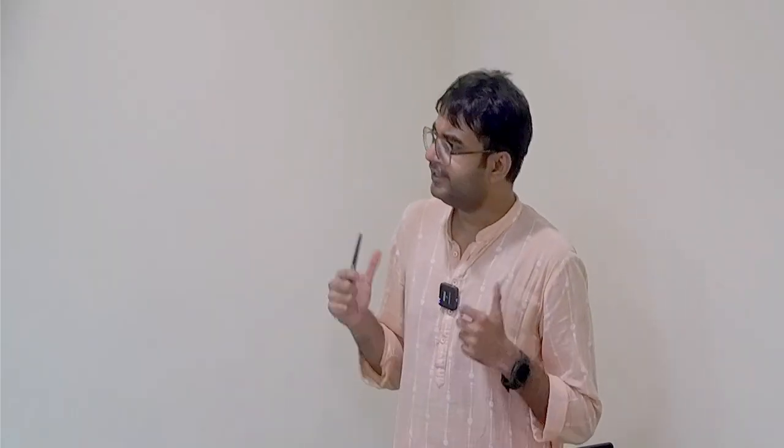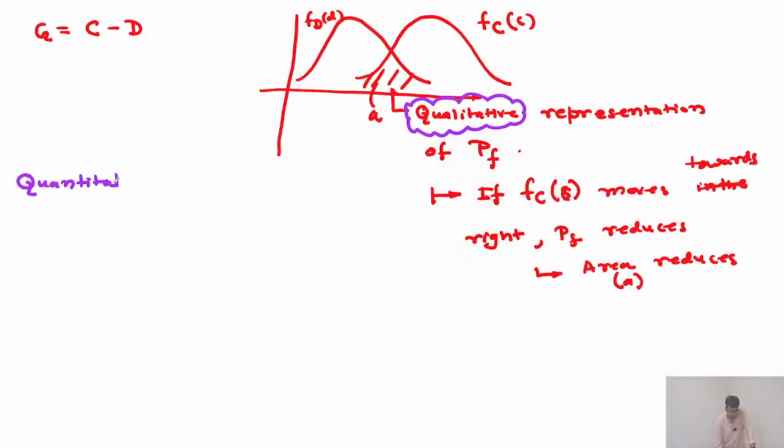Now quantitatively, we already did it last time. Let us quickly recap it. If you have to quantify it, then we saw that reliability was equal to the integral from minus infinity to infinity of f_D(d), times the integral from d to infinity of f_C(c) dc, dd.